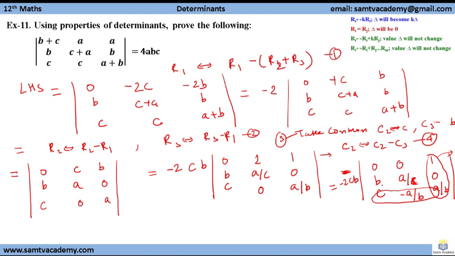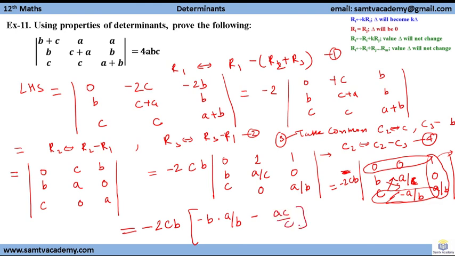One second, no, sorry, this and this will go off now. You are left with this and this, so minus 2CB, and you are left with B into A by B minus, then minus of AC upon C. So here B gets cancelled, C gets cancelled.